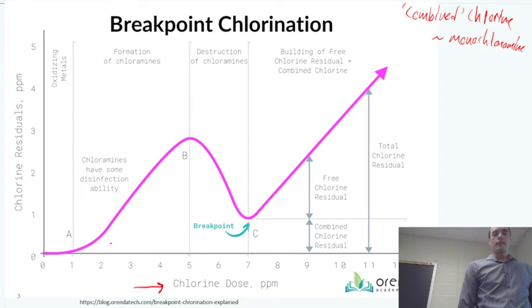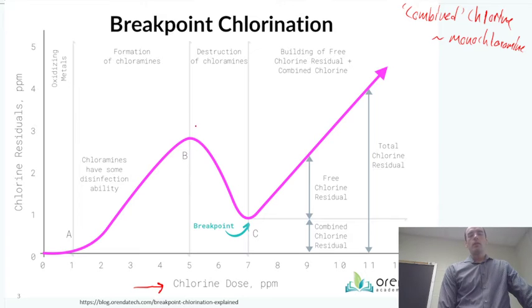Then over the next 4 or 5 milligrams per liter we're forming these chloramines. So it's definitely not one-to-one growth, although it starts growing decently, up to the point where we have nearly 3 milligrams per liter of actual chlorine in the system. We're forming these chloramines, and at this point we have mono, di, and tri.